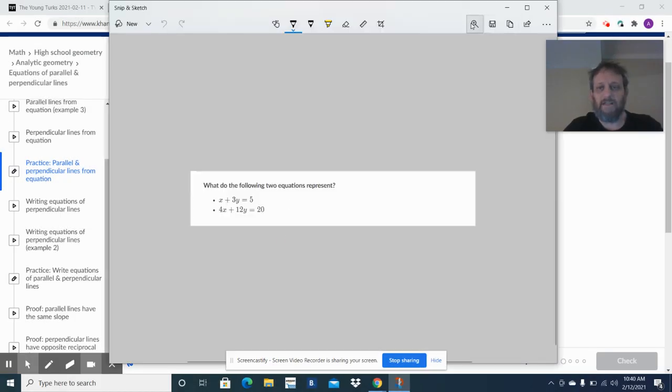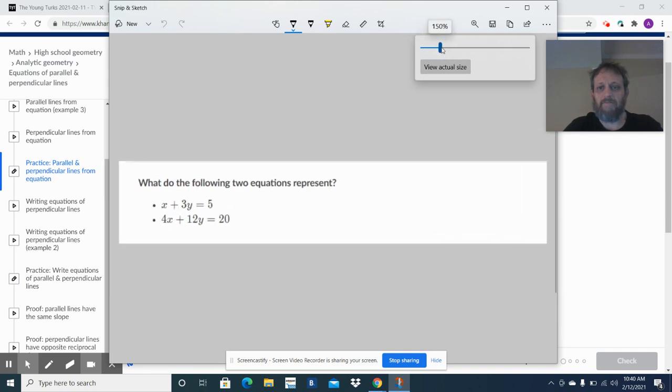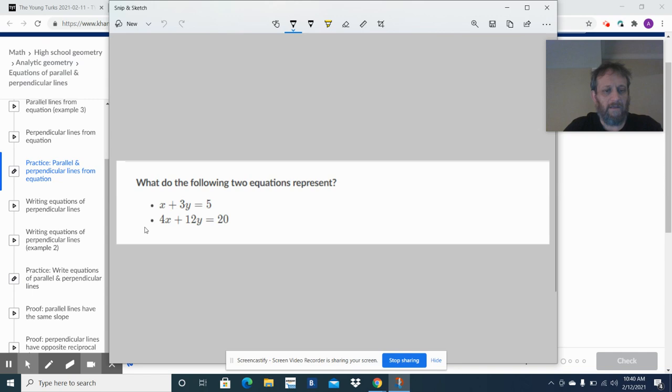The very first thing that I notice about these two equations is this bottom one is what I would call reducible. All three of those numbers are divisible by 4.